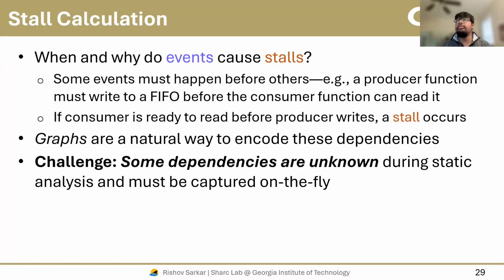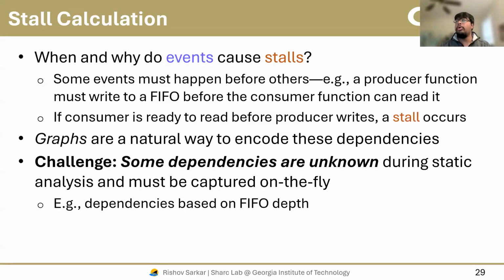One problem, though, is that some of the dependencies are actually unknown during static analysis and must be captured on the fly. Static analysis here being the point that we are at, where we have the dynamic schedules. For example, dependencies based on the FIFO depth are unknown at this point.